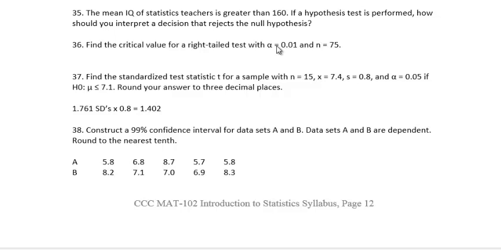So it's 1.402 away from the mean, and since our null hypothesis was that the mean is less than 7.1, we would have to make sure that whatever mean we get in terms of the sample, that we're sampling with these 15 people, would have to be less than 1.402 away from that number.